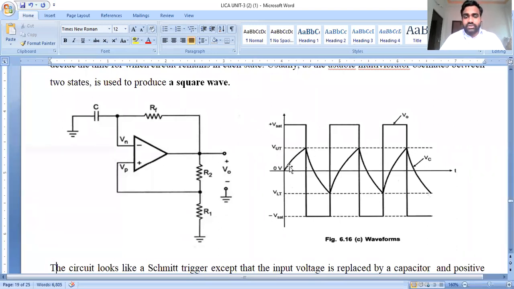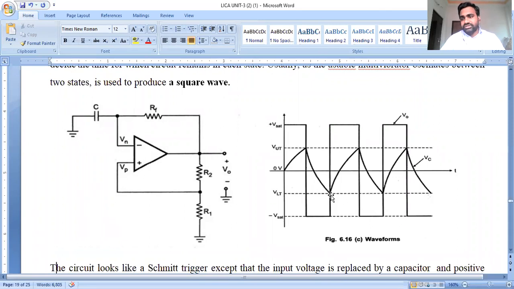Whenever the capacitor charging voltage exceeds the upper threshold value, even slightly, the previous output V0 equal to plus V saturation drops to minus V saturation. Whenever the output voltage drops from positive saturation to negative saturation, the capacitor starts discharging from the upper threshold voltage towards the lower threshold voltage.